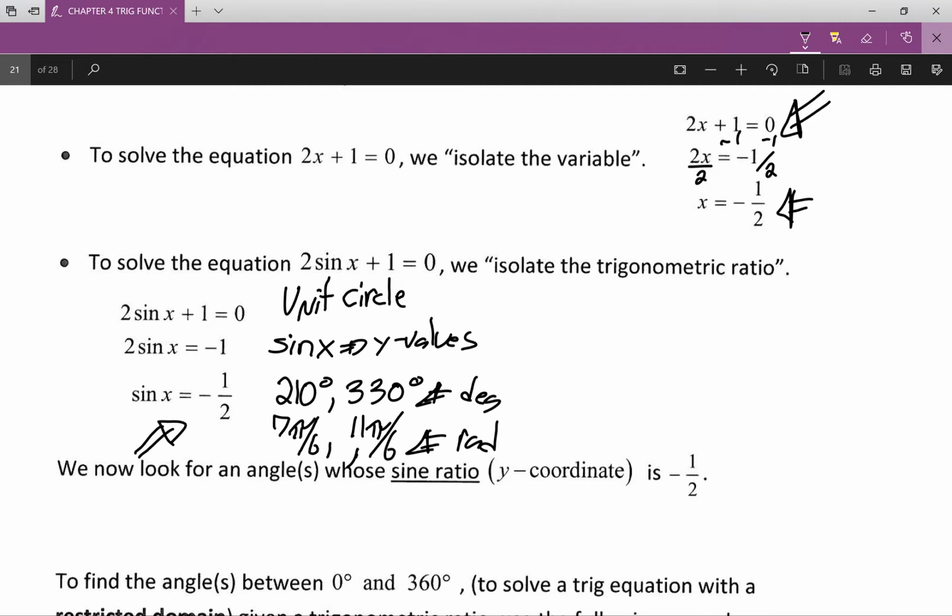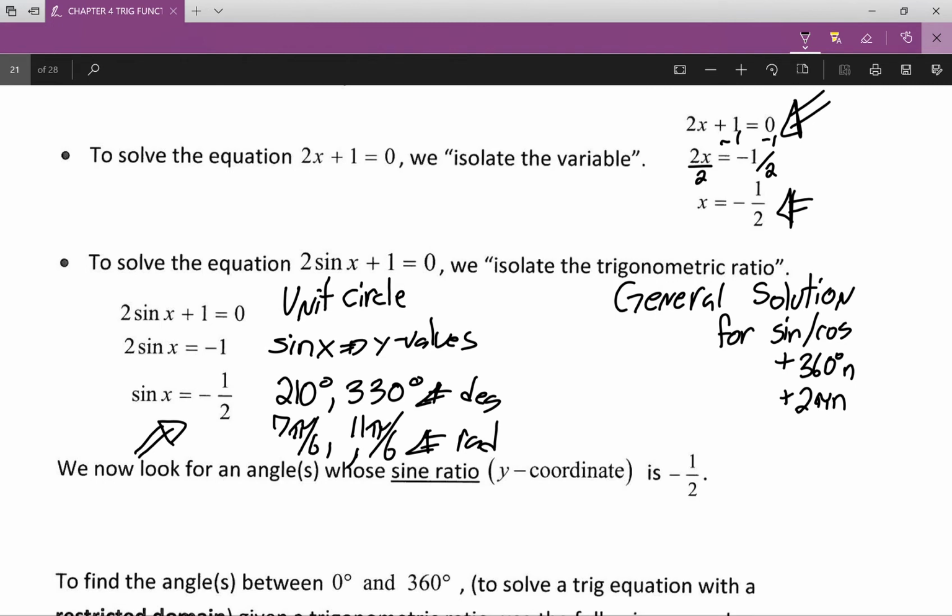Now, sometimes you'll be asked for what's called the general solution. What my general solution is for sine and cos is that we're going to go plus 360 degrees n, or plus 2 pi n, and then we're going to say that n is in the set of integers.